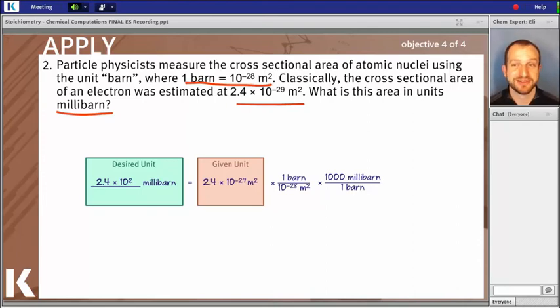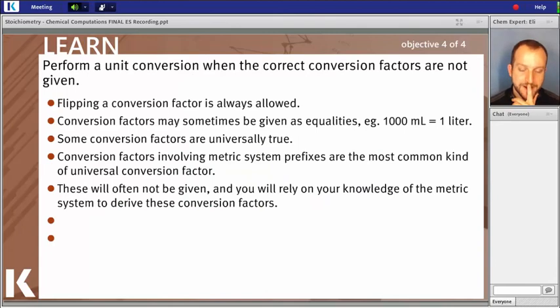Great work so far. This is a sort of problem that takes a little bit of extra work, a little bit more conversion, but it's something that turned out quite nicely once we set it up carefully and canceled out those terms. Now notice for that one, while millibarn happened to be an actual power of 10 value for distance, very similar to our number line earlier, it's definitely beyond the scope of what most chemists would have had memorized.